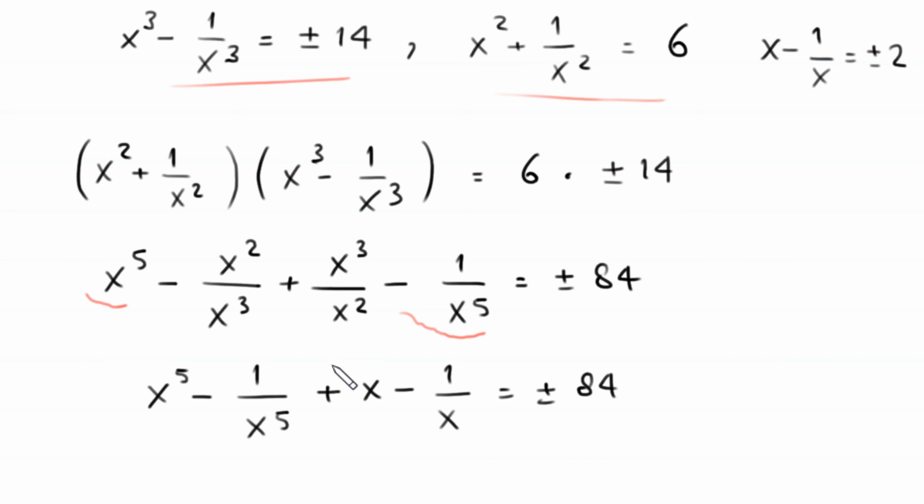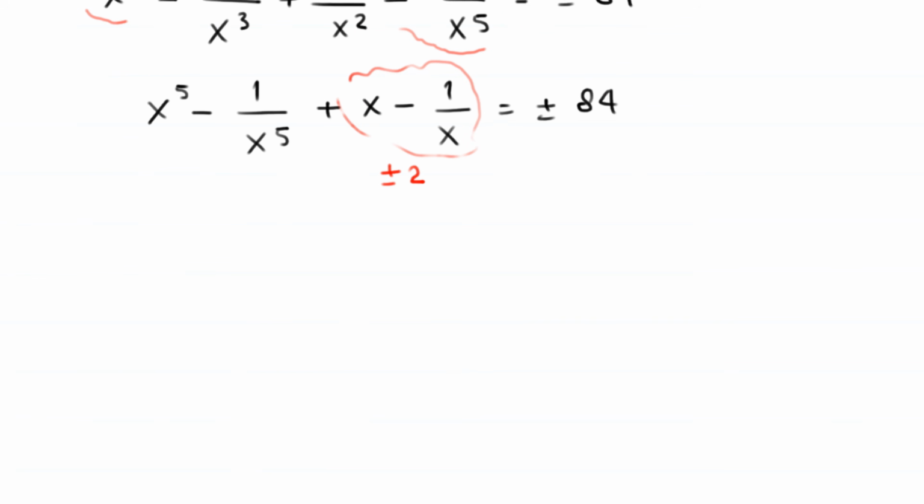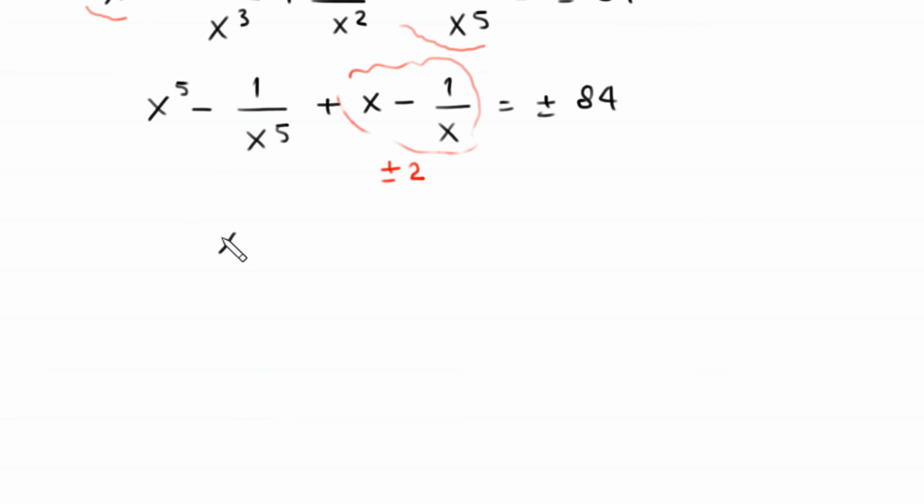Now we replace this x minus 1 over x with this value, plus minus 2. This x minus 1 over x is equal to plus minus 2. So this will become x to the power 5 minus 1 over x to the power 5 plus minus 2 equal to plus minus 84.